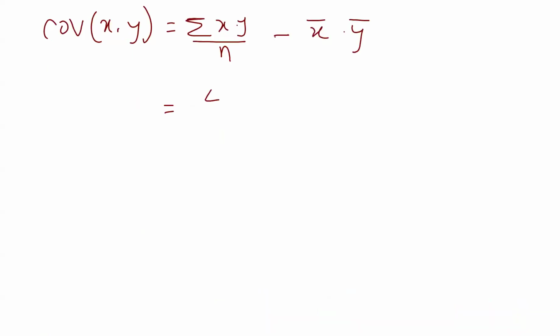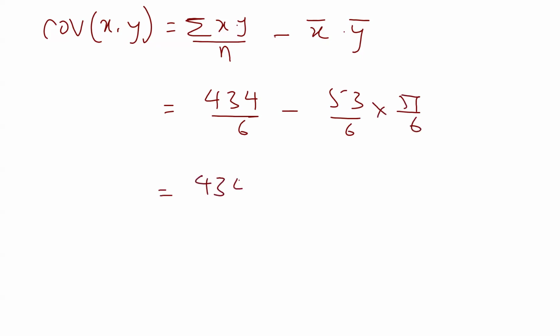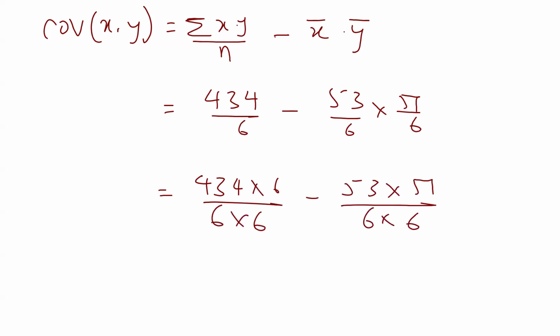I'll place this value over here, 434 upon 6 minus x bar y bar we already have, 53 upon 6 into 51 upon 6. So take LCM, multiply the first term with 6. Preferably do this. We have a common denominator 36.